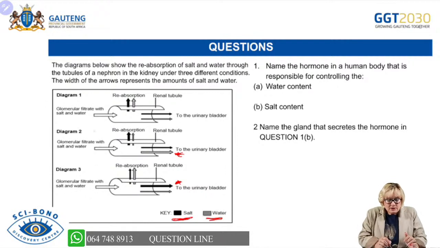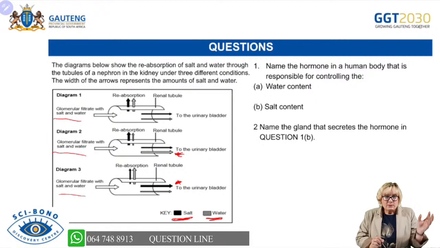What is entering here is the glomerular filtrate with salt and water, and that's the same for all the diagrams. So the input is the same, but the output is different.